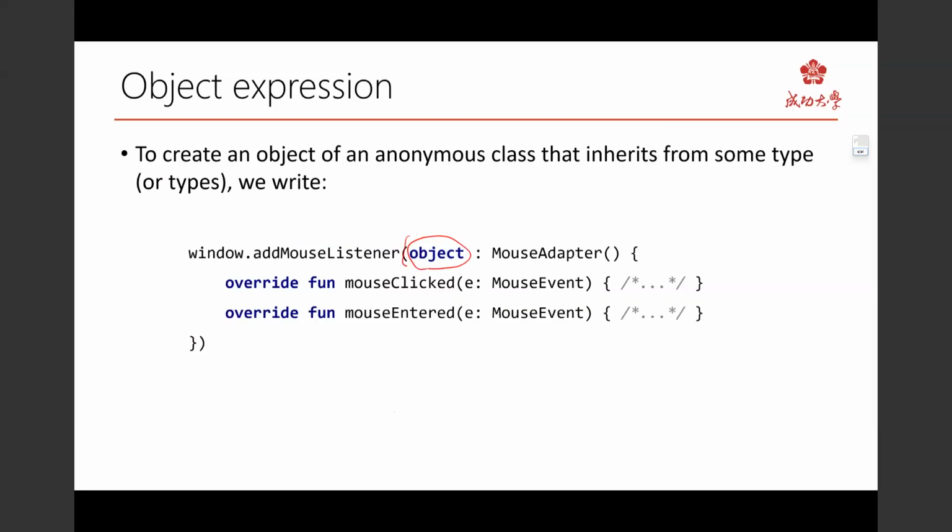And here we can say that this anonymous object implements the mouse adapter interface. Then we can override the functions in the mouse adapter interface right there, and we are done. So this code is much more concise compared to those on the previous slide, right? This is an example of an object expression.